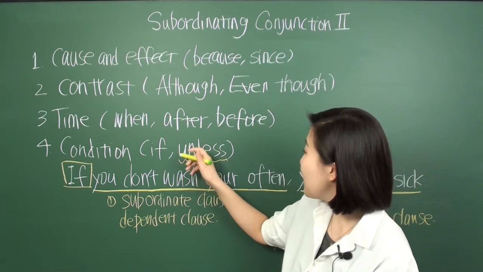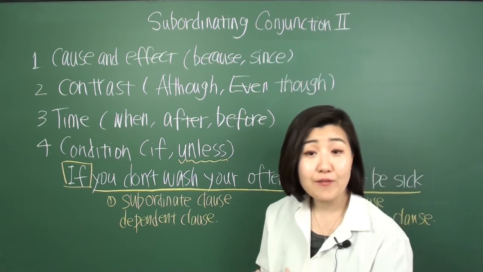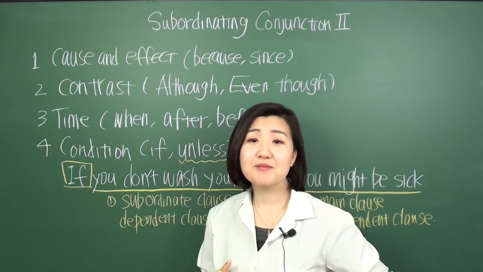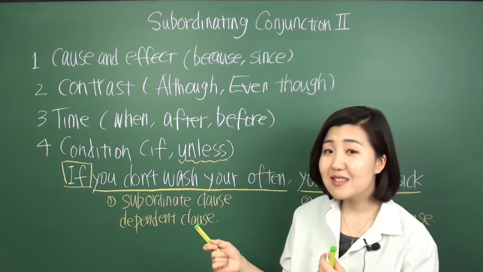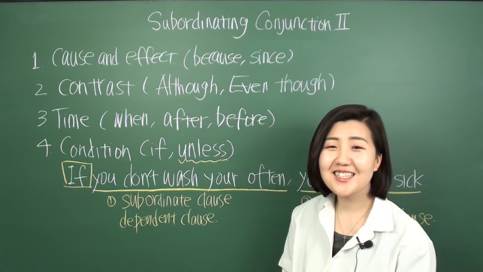Okay, good. But we want to switch this with unless. Can you do it? If you can do it, I'm going to be very surprised. But I will be very proud as well. Tell me, what is the way to use unless? Switch this sentence into unless.